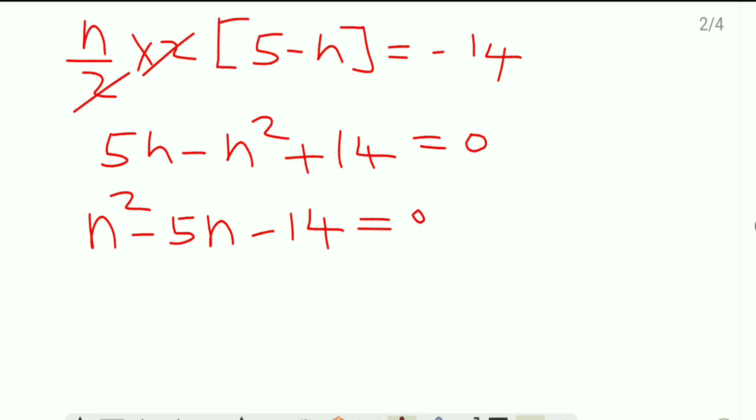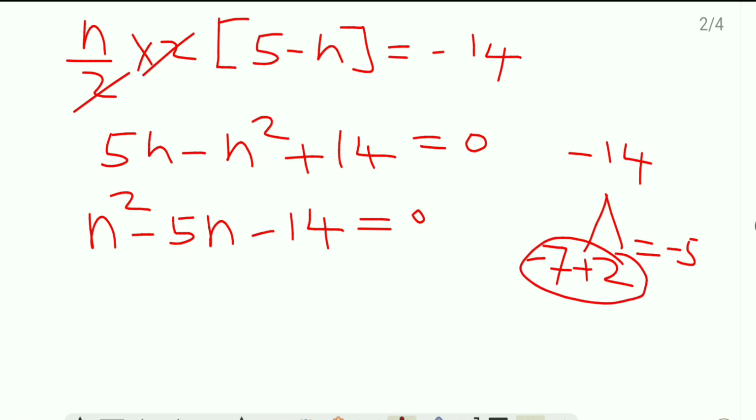Now the product is minus 14 and the sum is minus 5. I need to find two numbers. So which are those two numbers? 7 twos are 14, but 7 should be minus and 2 should be plus. So the sum of these two numbers is minus 5 and the product of these two numbers is minus 14.